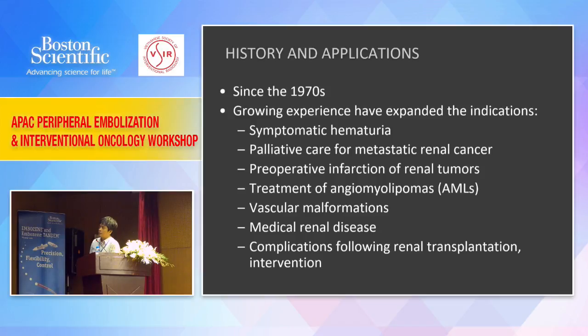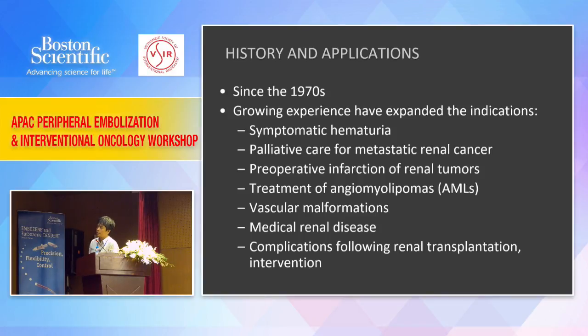And in some developed countries, where palliative care for the cancer patient is very important, they perform a lot of palliative embolization or selective chemotherapy in case of metastasis or a mass tumor in the kidney.